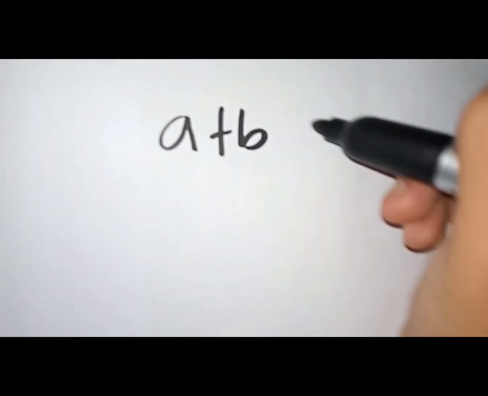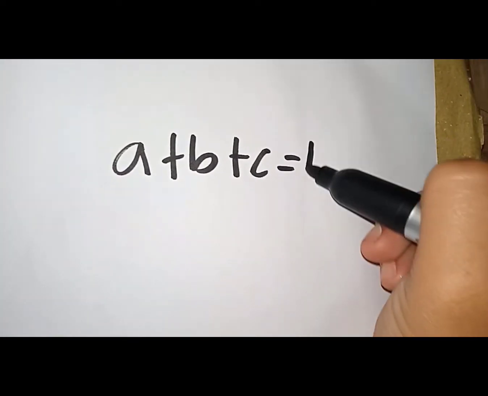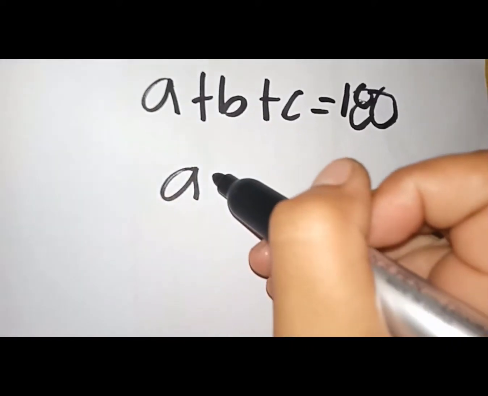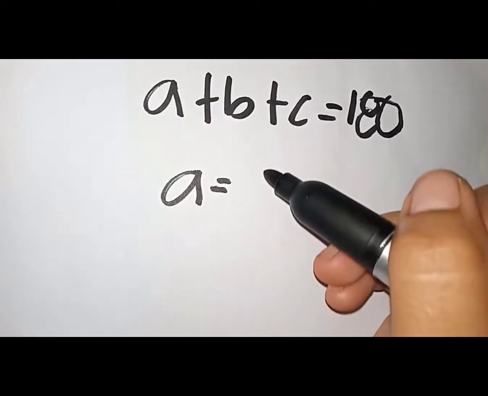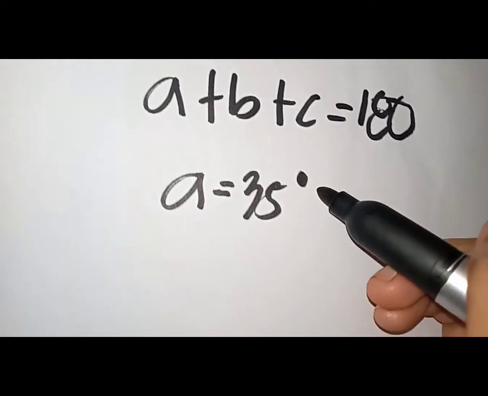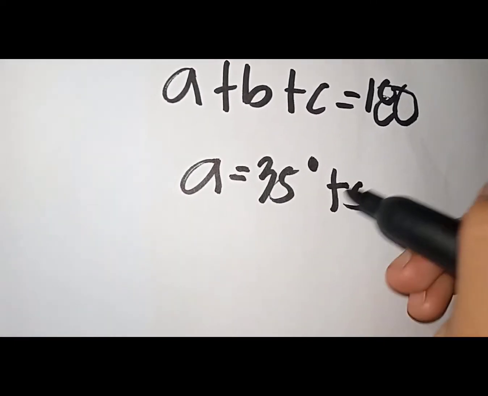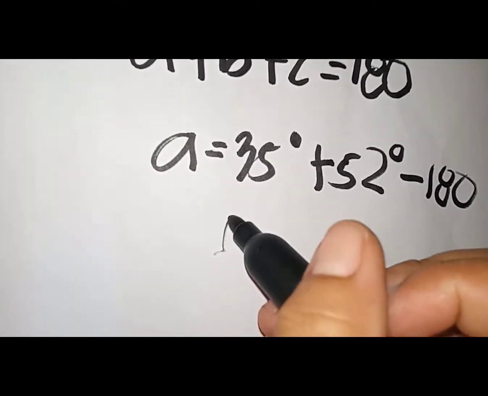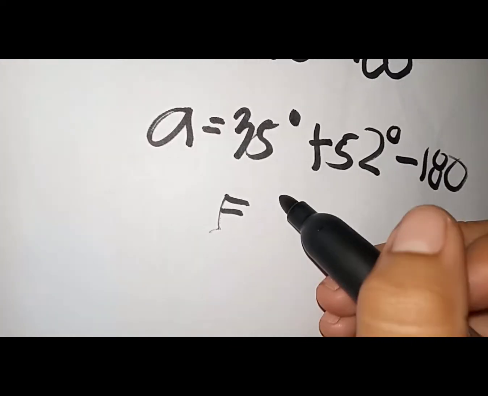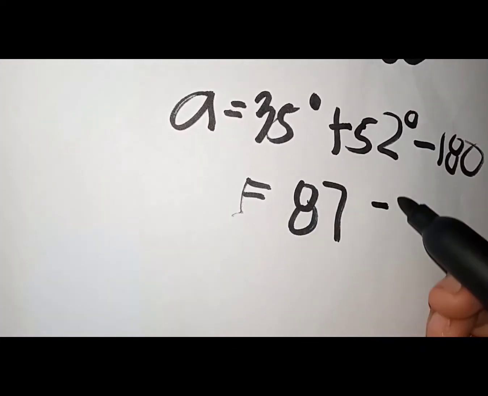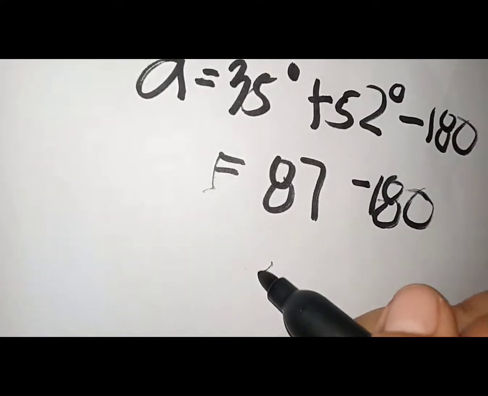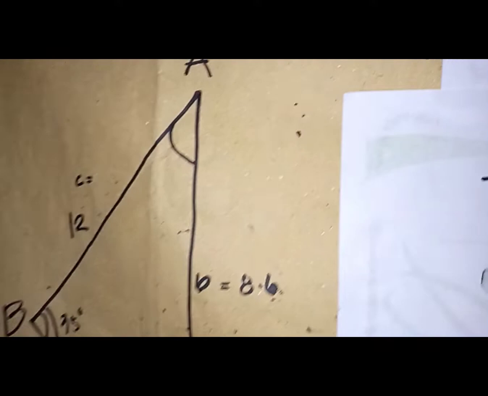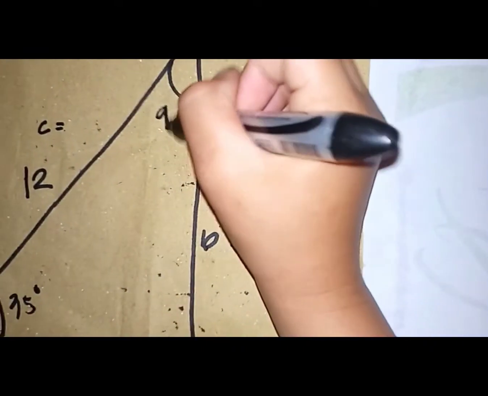A plus B plus C is equal to 180. A is missing, so A is equal to 180 minus B, 35 degrees, plus 52 degrees. Then 180 minus 87 is equal to 93. So our angle A is equal to 93 degrees.